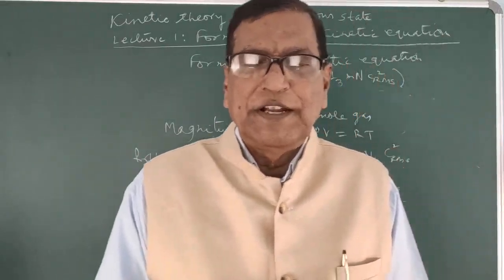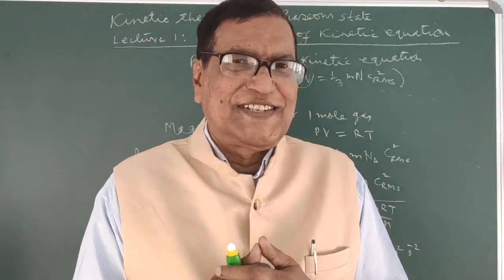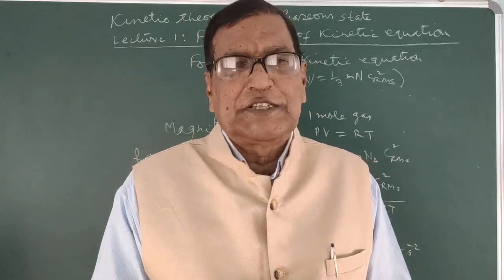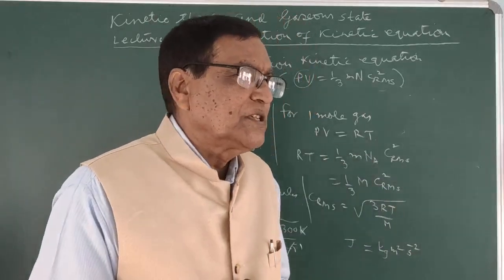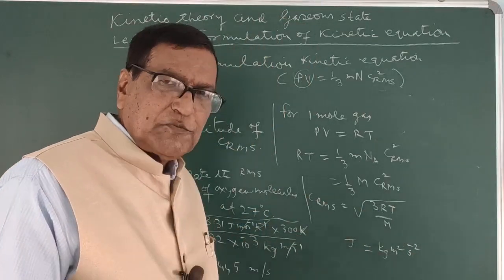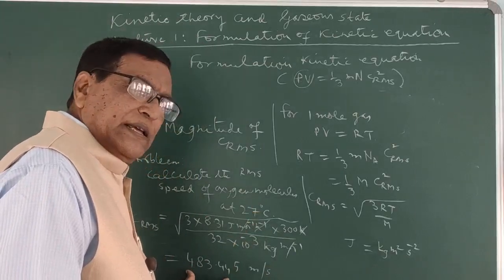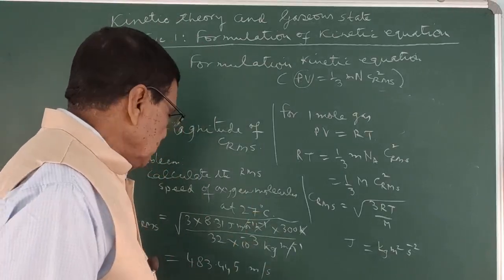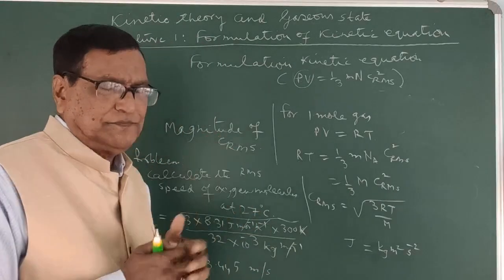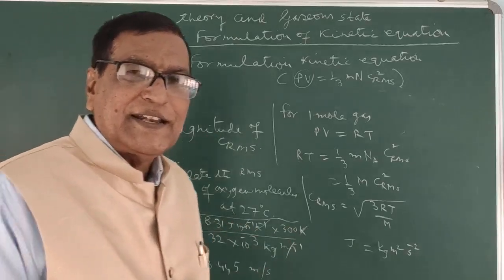Still we are not feeling it, since the oxygen molecules are very small in size, so this impact is also very small. 27 degrees centigrade means almost room temperature. At this room temperature, this molecule is moving at such a high speed, roughly half a kilometer per second.